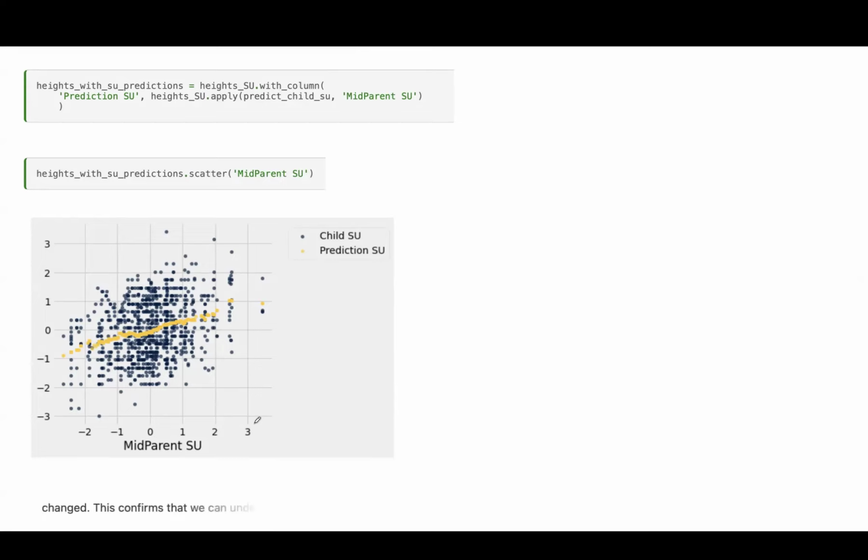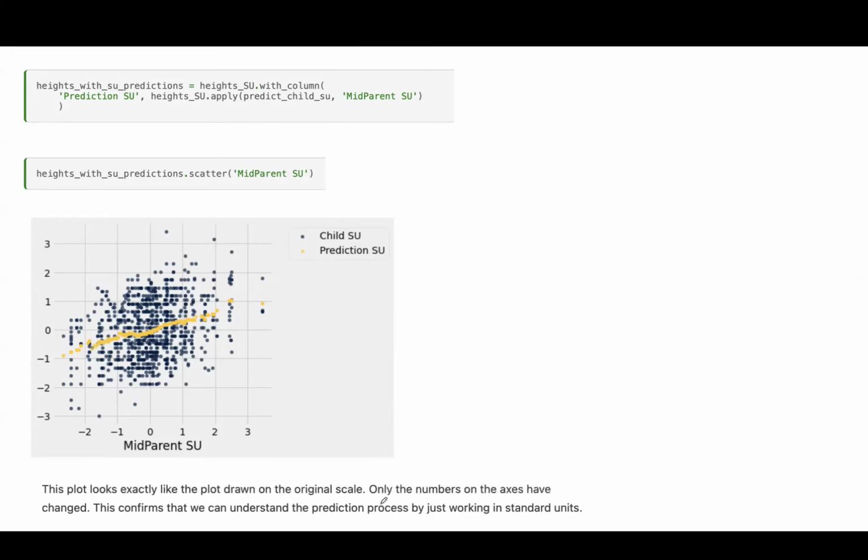But the behavior of the scatter plot is the same. This plot looks exactly like the plot drawn on the original scale, only the numbers on the axis have changed. This basically confirms that we can understand the prediction process by just working in standard units.